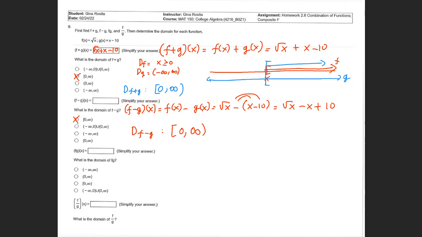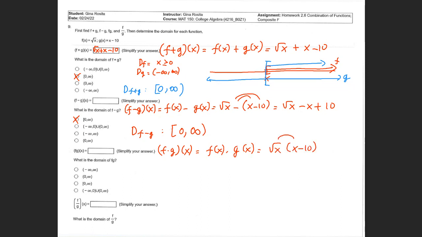Now do the same thing with times. F times g of x equals, this is the same, f of x times g of x. So square root x times x minus 10.